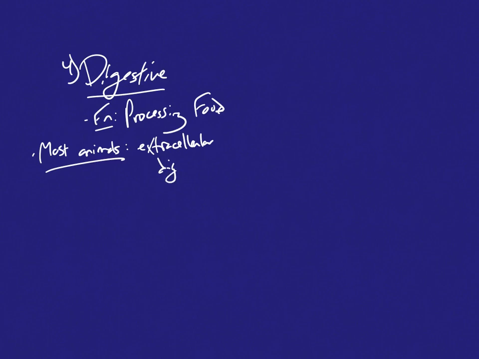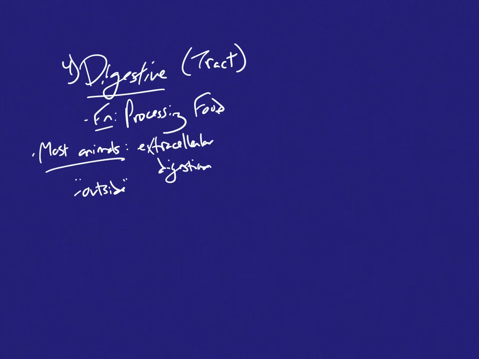extracellular digestion. Now, I hope that gives you pause for a second there, right? Extracellular digestion, outside, extracellular. If you think about it, your gut tube, otherwise known as your digestive tract, notice my spelling there, it's not a track like you'd run on, it's a tract. But your digestive tract is technically outside your cellular body, right?